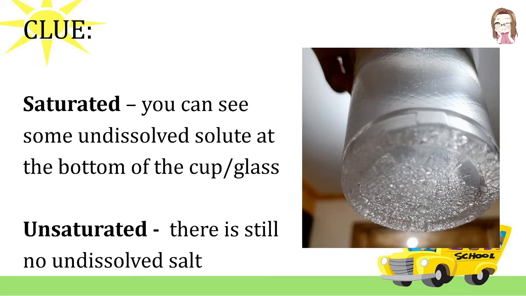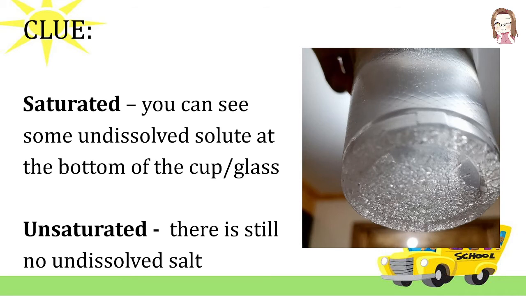Again, ang clue natin, pag saturated ang solution, may makikita kayo dyan na undissolved. Ano ibig sabihin ng undissolved? Mga hindi na-dissolve or hindi natunaw na solute, saan mapupunta? At the bottom of your cup or glass. Katulad ng nakikita nyo sa ating picture. Naintindihan po ba?